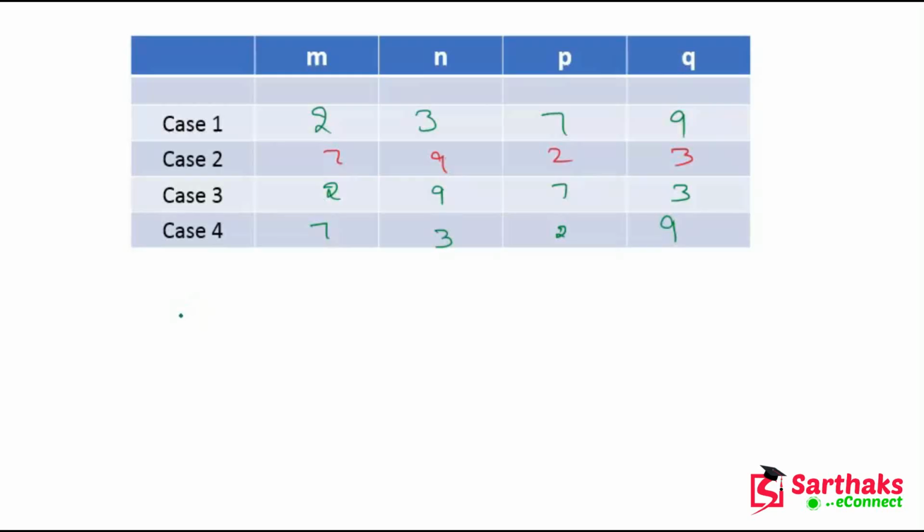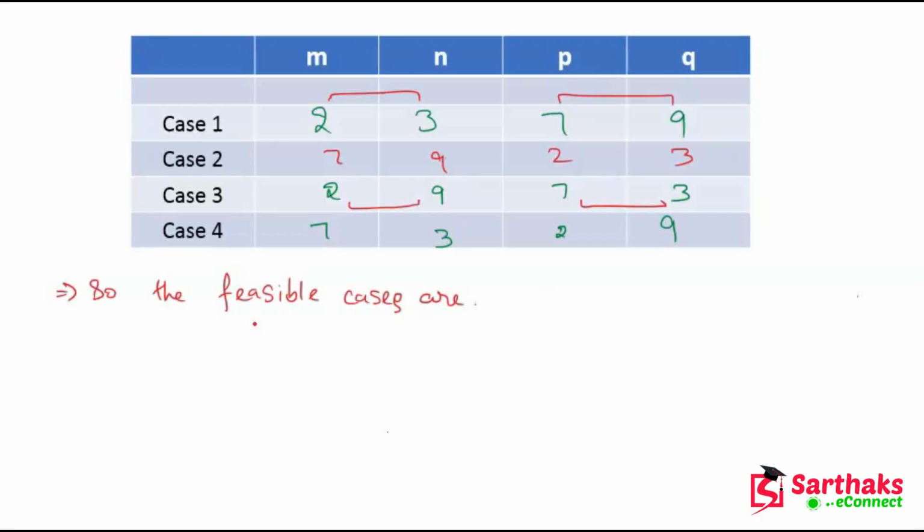Now the feasible cases are 23 into 79 and 29 into 73. So the feasible cases are 23 and 79, or 29 and 73.